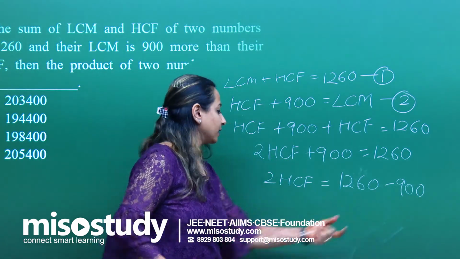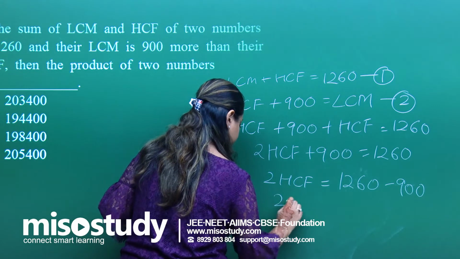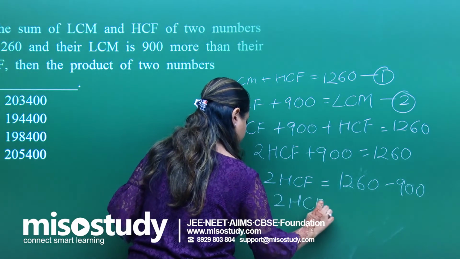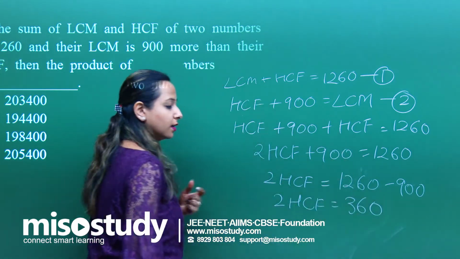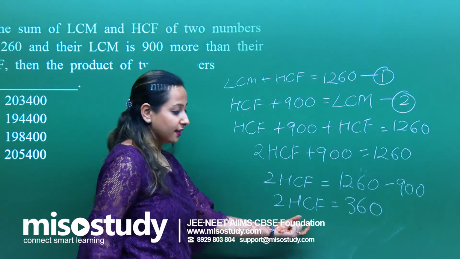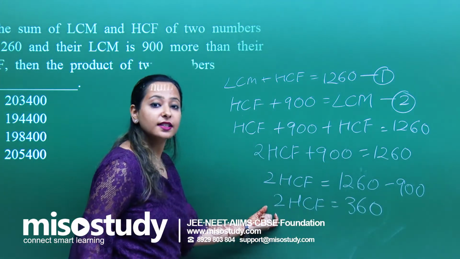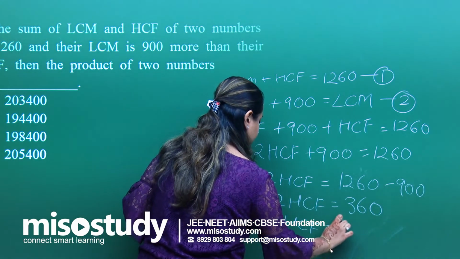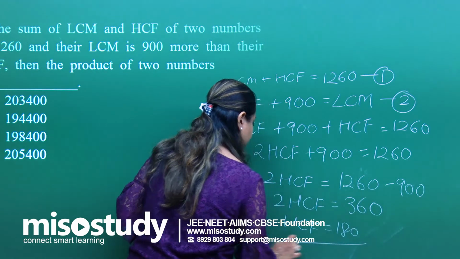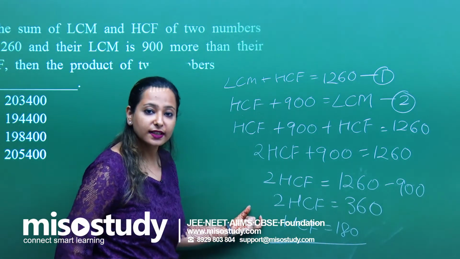Now let's subtract this. So what do we get? You will get 360 as the result upon subtraction. Now HCF will be 360 divided by this 2, so we get HCF as 180.